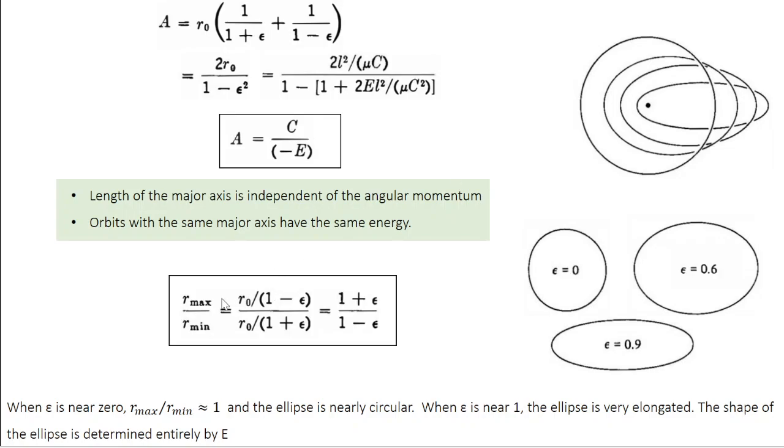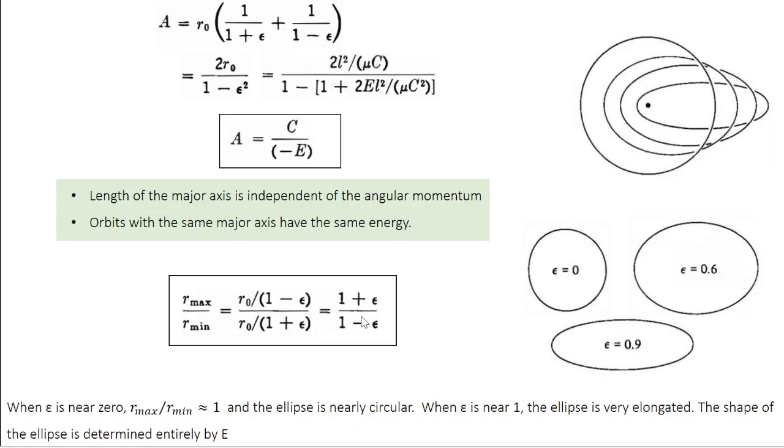And if you take the ratio of maximum R divided by minimum R, so this is R naught divided by 1 minus E, divided by R naught divided by 1 plus E. So R naught cancels, and you have 1 plus E divided by 1 minus E. So when eccentricity is close to 0, then you can disregard the E terms on both sides.